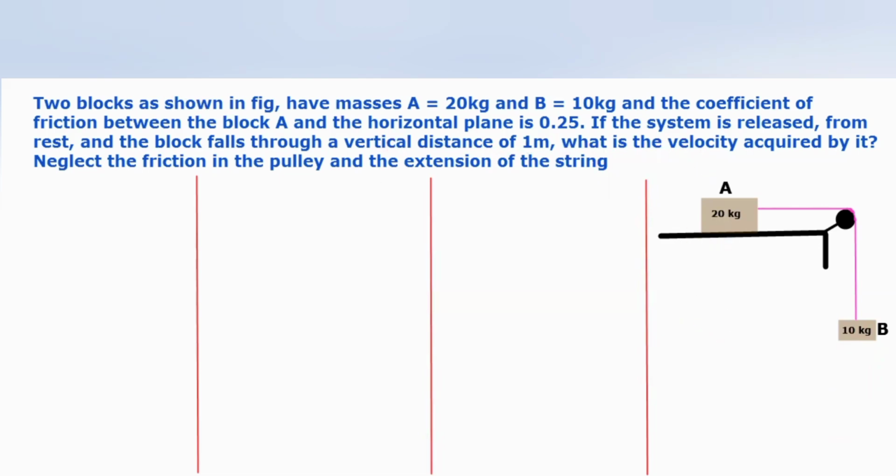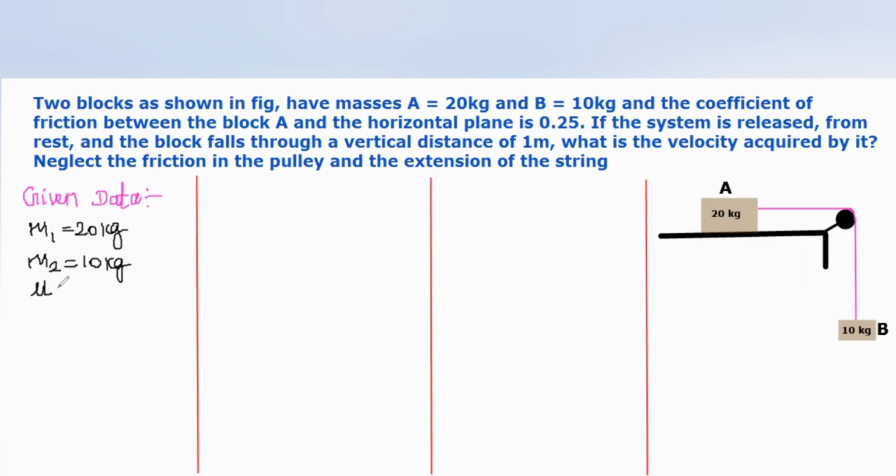First, I will write the given data. Here there are two masses. The mass of object A, which I am going to consider as M1, is 20 kg. The mass of object B, which is M2, is 10 kg.